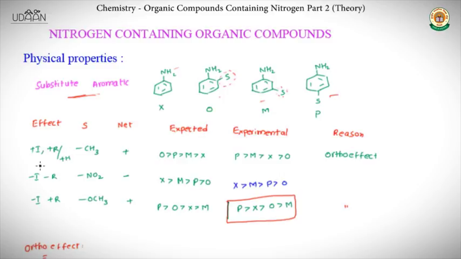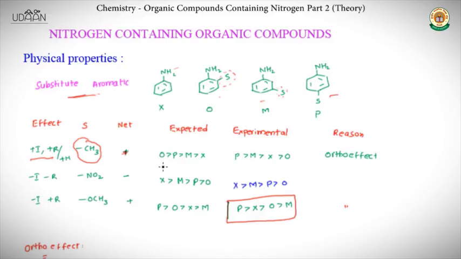First consider a substituent which is plus I and plus R or plus H even. The example for this one is CH3 group. Now the net effect here is plus effect, which is donating effect. Now in general, what do you expect?